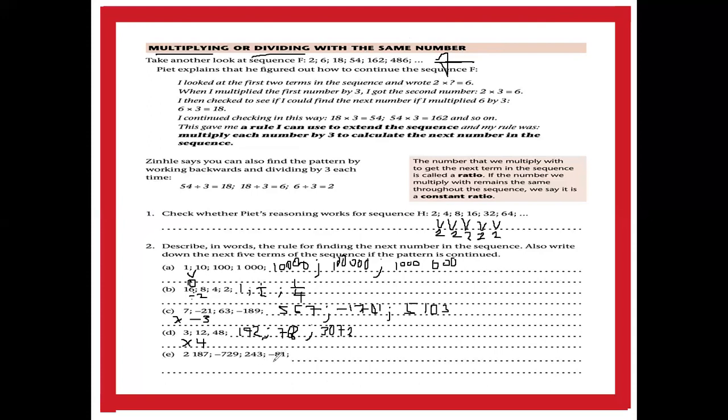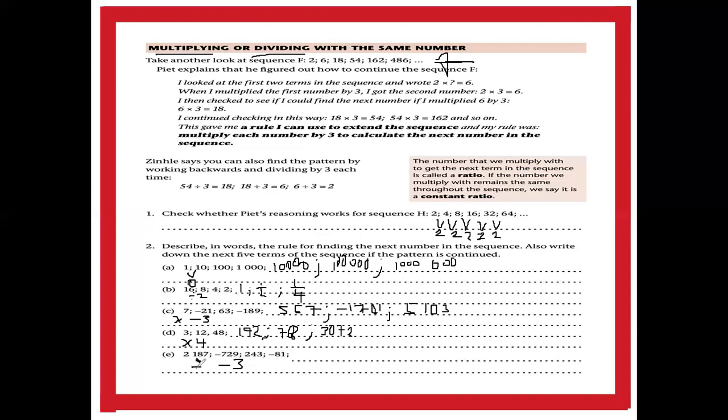So if we start over here at minus 81, times what will give us 243? And the answer is minus 3.